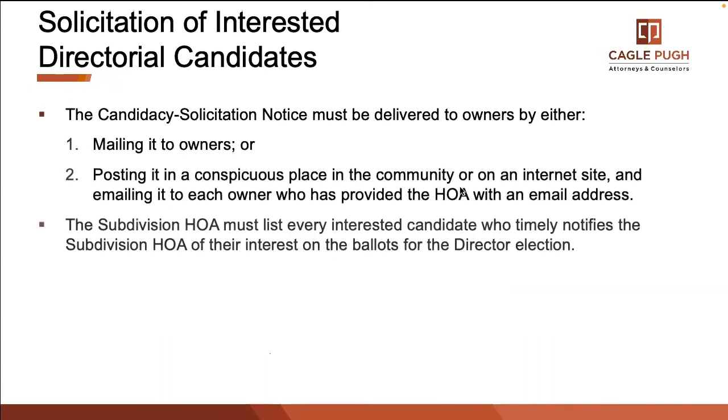Then you have to mail it to the owners, or you can provide it the same way you provide notice of board meetings by posting it on the website and emailing it to everybody who's given you their email address. Then if people respond by the deadline that you've given and the deadline was reasonable, you have to list every interested candidate who timely notifies the association of their interests.